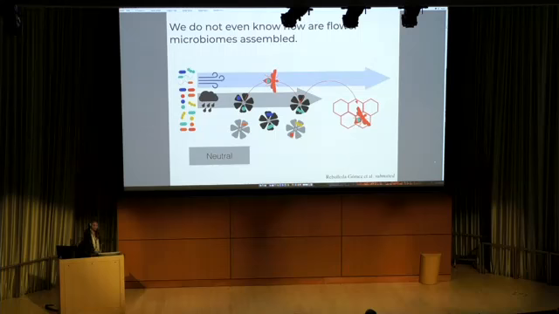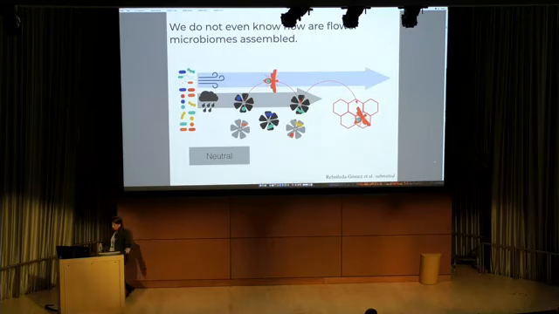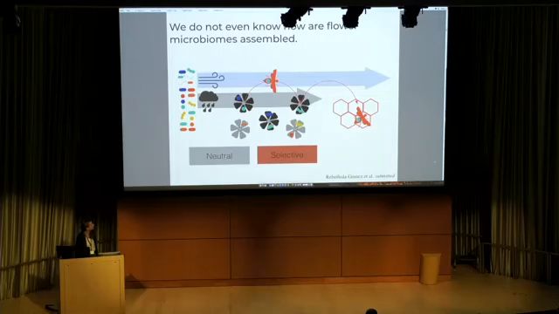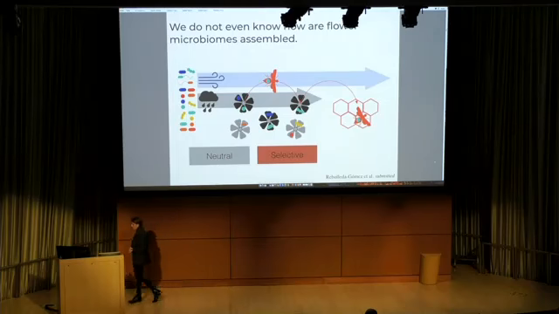So we might have neutral mechanisms of community assembly, where things are just landing in the flower, and then drift, with some things dying and some surviving just by chance. Or some species, or some genotypes, actually do better in certain flowers than others, and so we would have selective mechanisms.